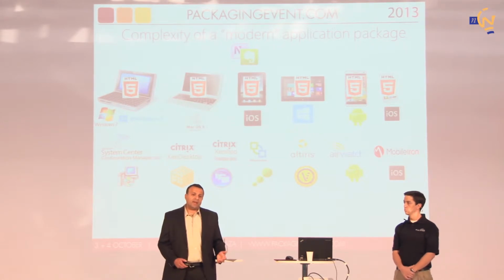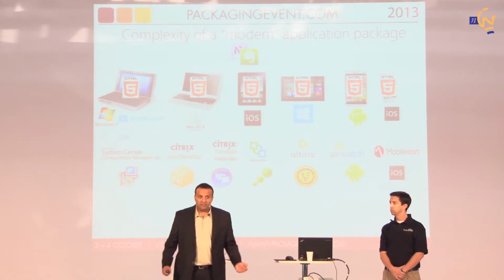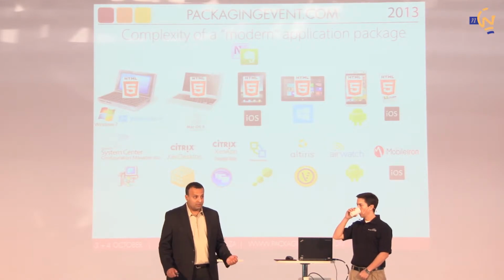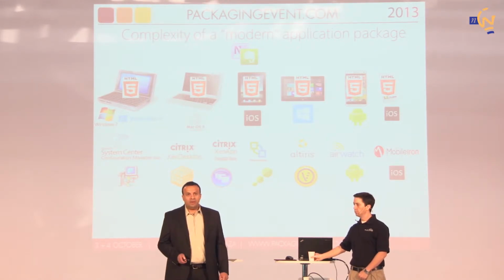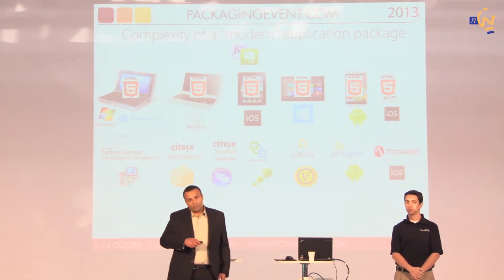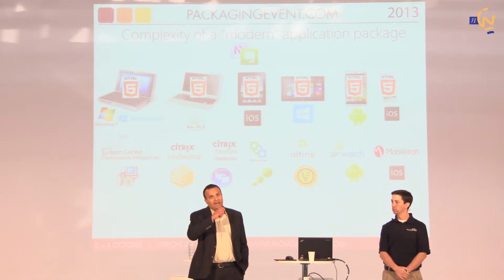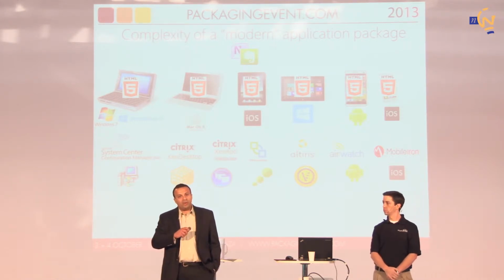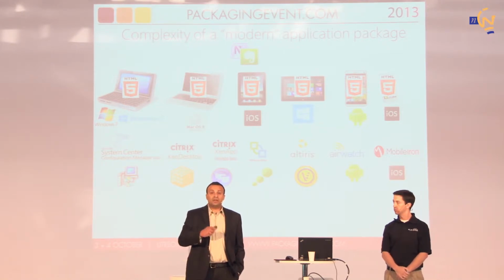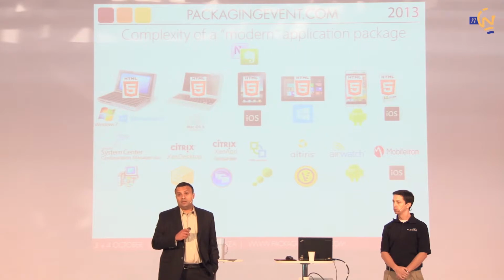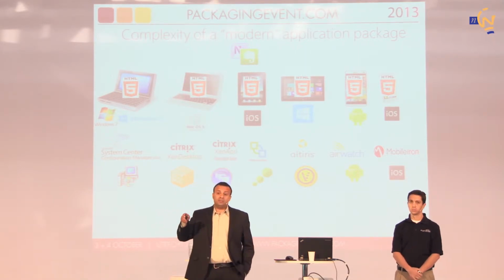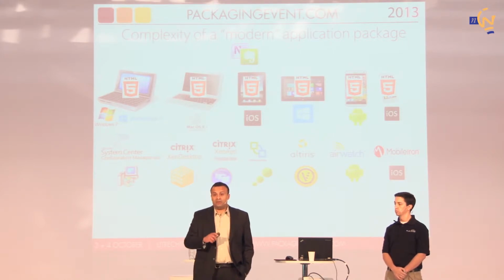And let's not forget the fact that there might be a web variant of all these applications that will run inside the browser on these platforms. And if you take the complexity there, you're talking about Internet Explorer version whatever, 8, 9, 10, running on the laptop, Safari running on the Mac OS, Safari running on iOS, a version of IE running on the Surface tablet, and either Chrome or a custom browser running on the Android device.